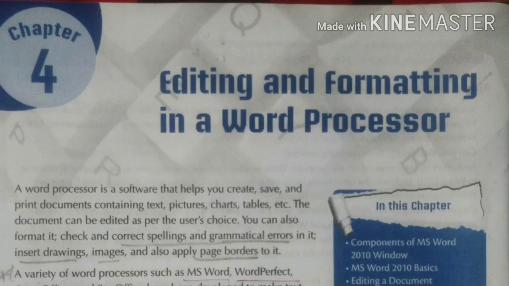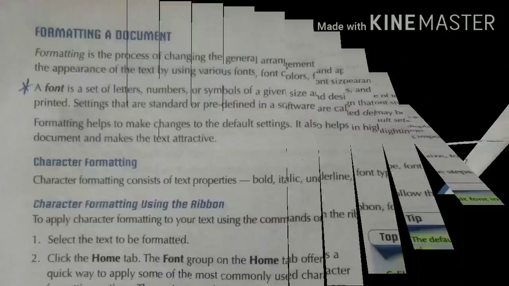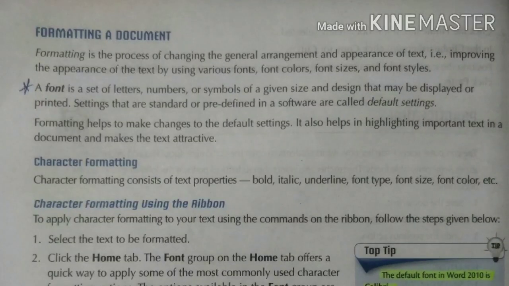Welcome back, students. Today we will continue our chapter, editing and formatting in a word processor, and our topic is formatting a document. Now, what is formatting in MS Word?